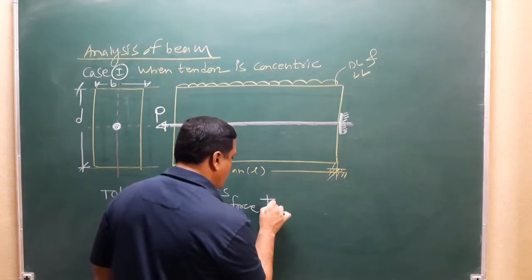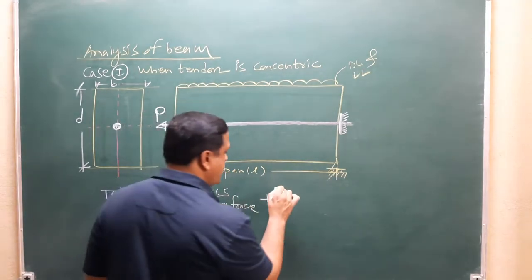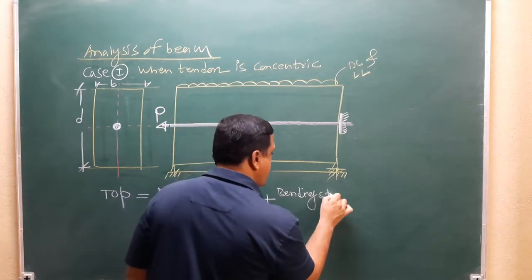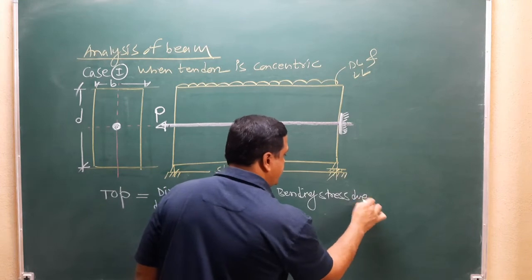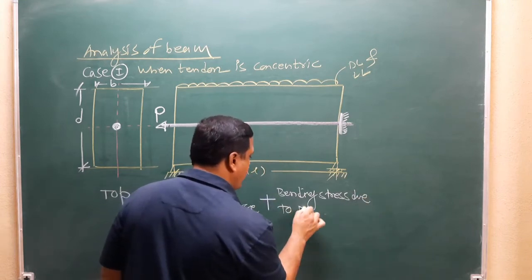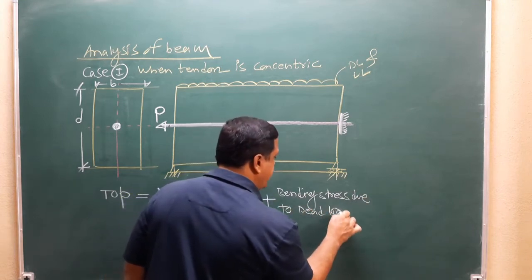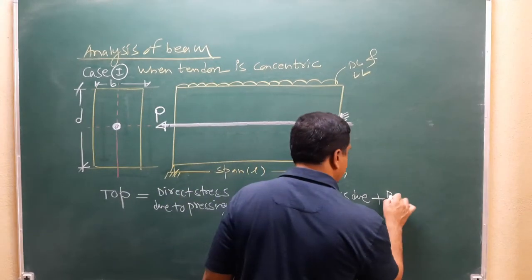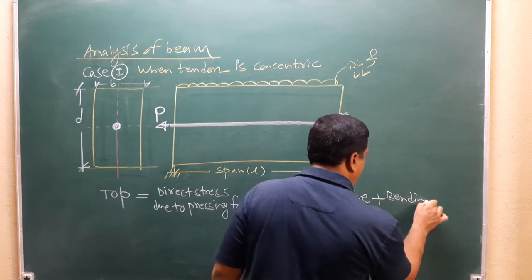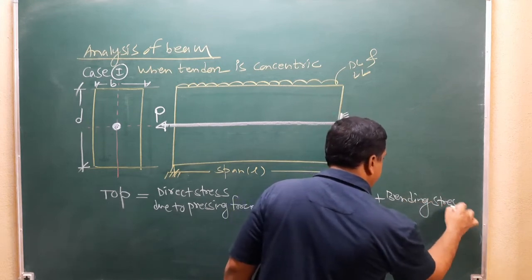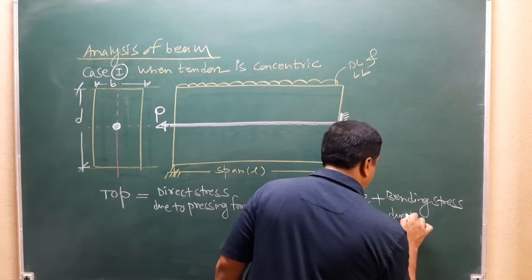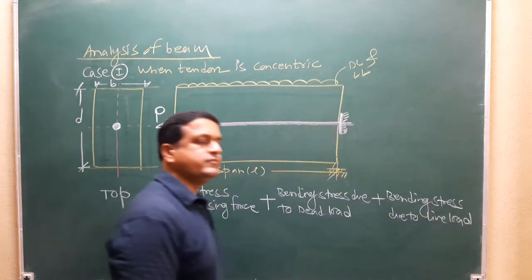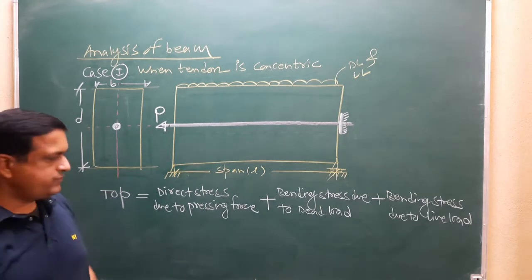Now I am going to add the next stress, which is bending stress due to dead load, and plus again bending stress due to live load. These stresses you have to consider.